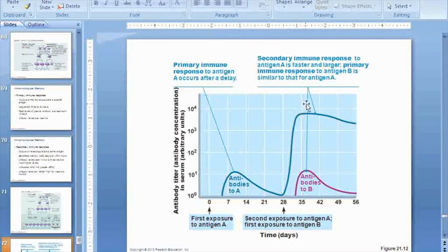I won't ask you 1,000 times stronger. Just a lot stronger. And look, the levels stay up because it really wants to fight it. Here was the primary immune response. It only peaked right there, and then it dropped off. This one, peak way up there, and then stays up high for longer.